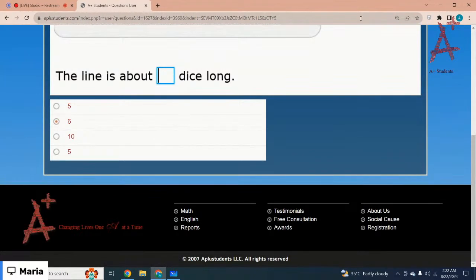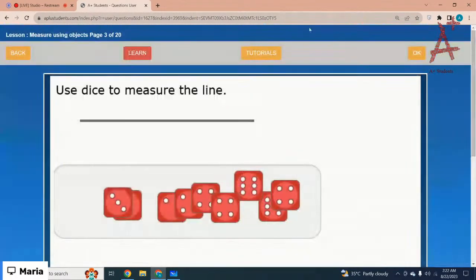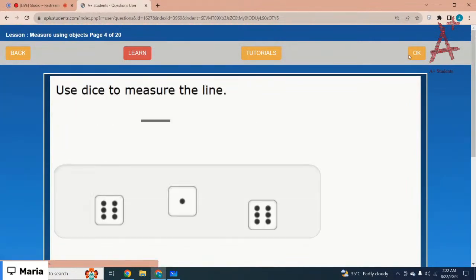Not more than 5 or 6. Let's say 6. Yes, it is 6 dice long.